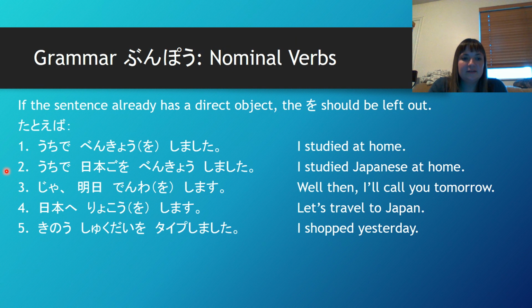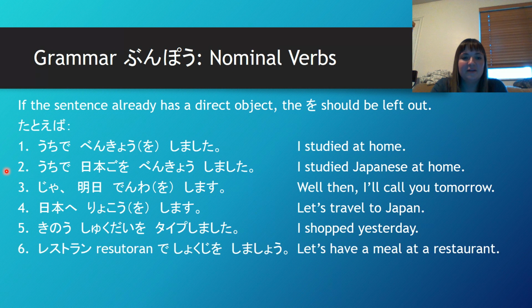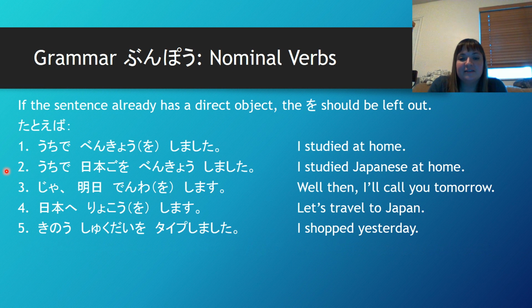But let's look at this one. Oh, that's weird. Did I match these up wrong? Oh, I did. So for number 5, sorry, there's a typo here. So it says 昨日宿題をタイプしました. Okay, so number 5, 昨日, yesterday. 宿題 is our homework, right? タイプしました is to type, right?